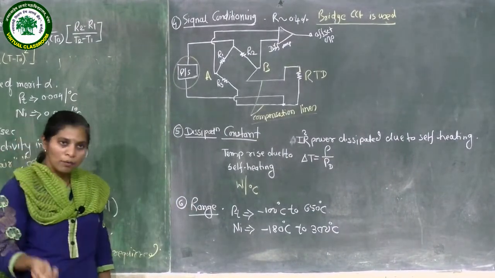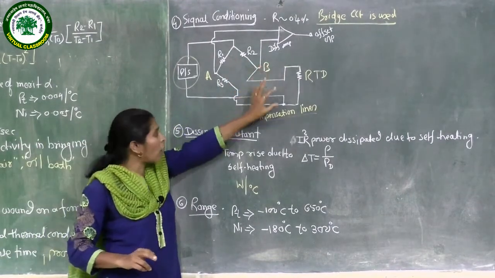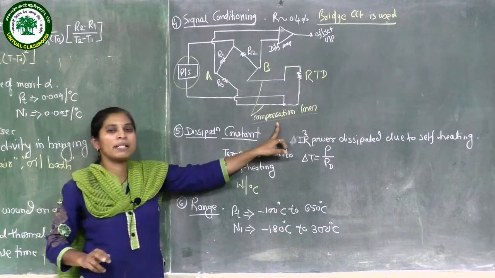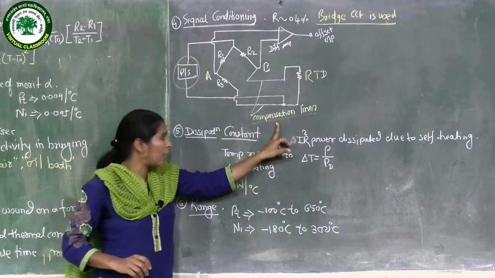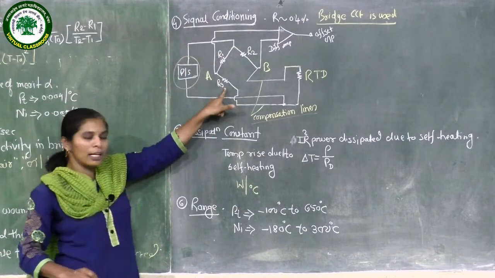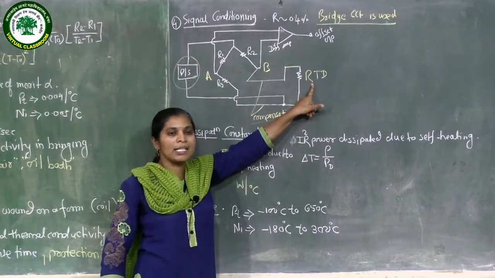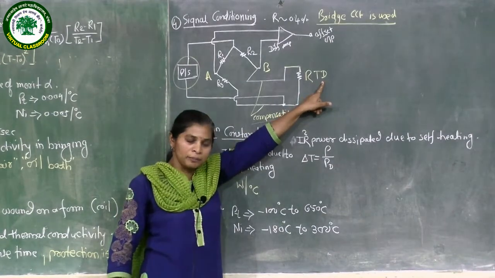In order to avoid that error, we have used these extra lead wires. We collectively call them compensation lines, which are able to bring some changes in the arm of the R3 resistance as well as in the arm of the RTD, that is, the resistance temperature detector.